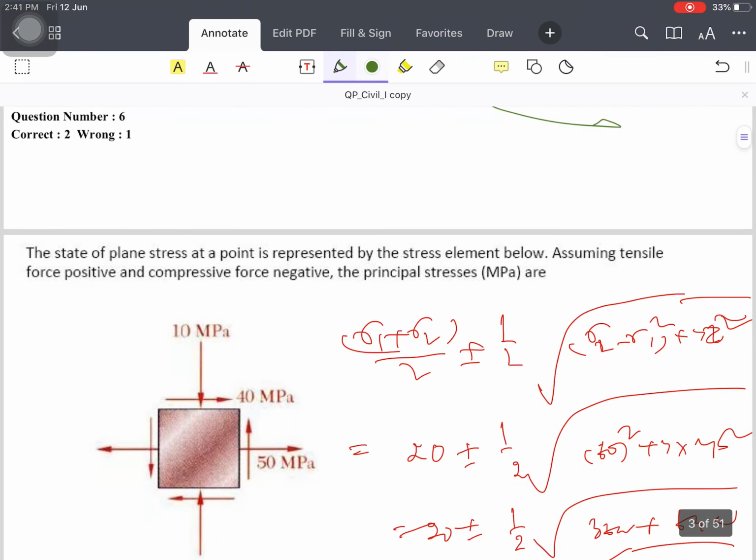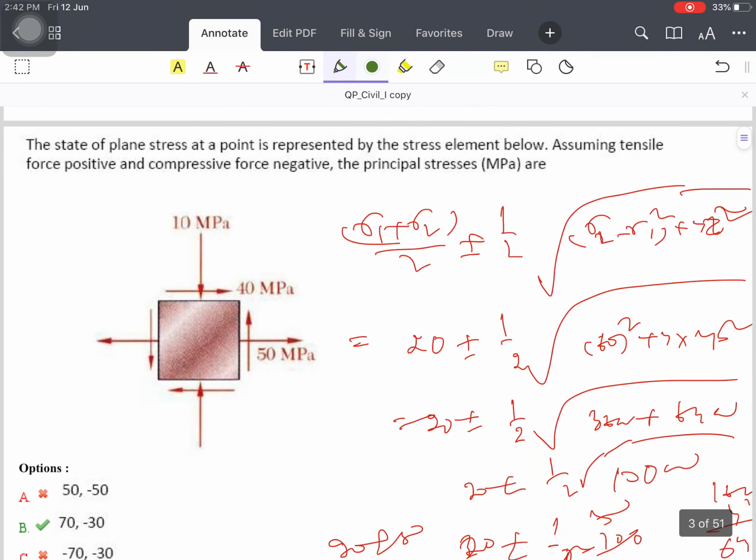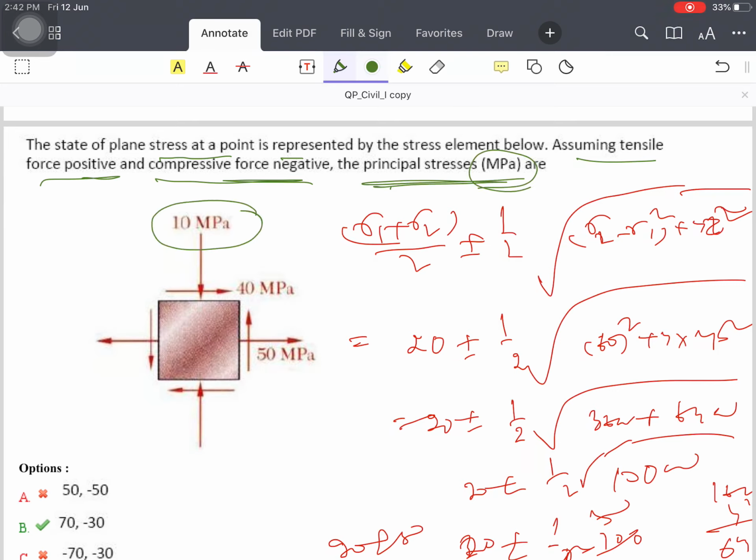Question 6. The state of plane stress at a point is represented by the stress state below. Assuming tensile force positive and compressive force negative, the principal stresses in megapascal are, so 10 megapascal this is compressive, 50 megapascal this is tensile and this is compressive.